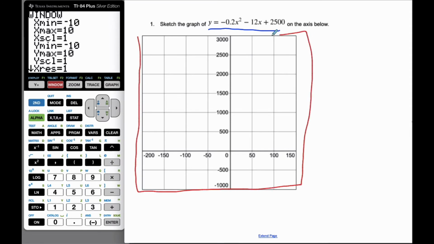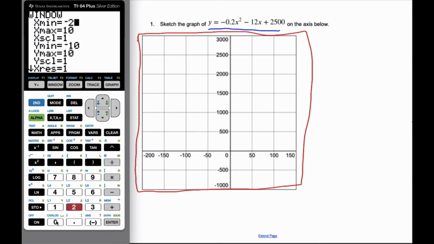If they want you to draw it on this window, make your graphical window of your calculator look like this. So make the x values go from -200 to 150, and make them go by 50s. And then my y min, make it -1,000 to 3,000, and make it go by 500s.